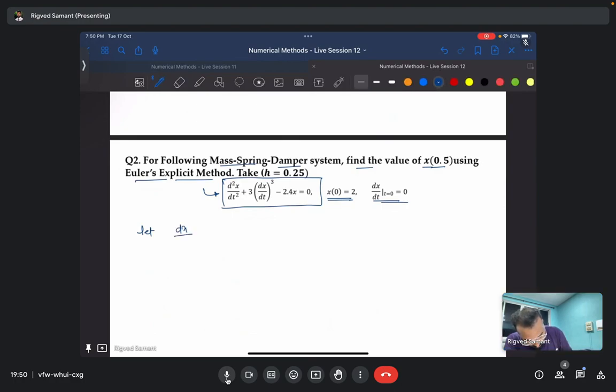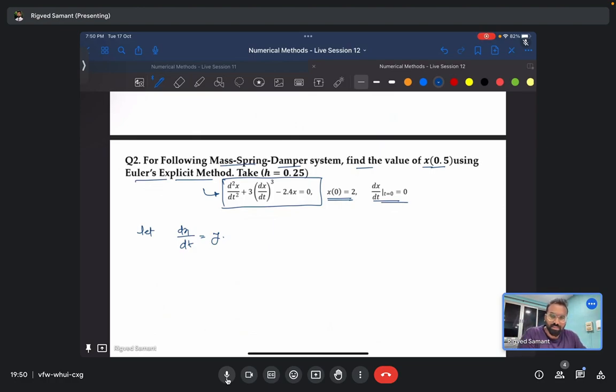In place of z, you can use y. With y also you can solve, but z is like a dummy variable; till now we have been using t, x, y. We can use y, no worries. So dx by dt is equal to y.